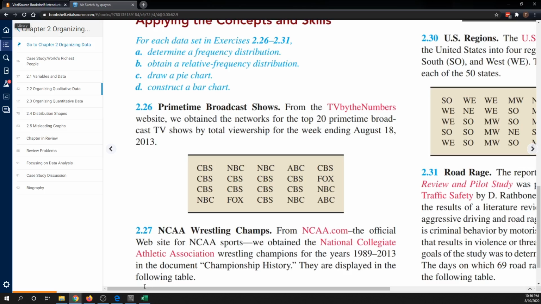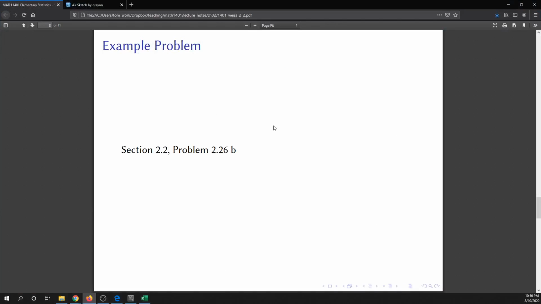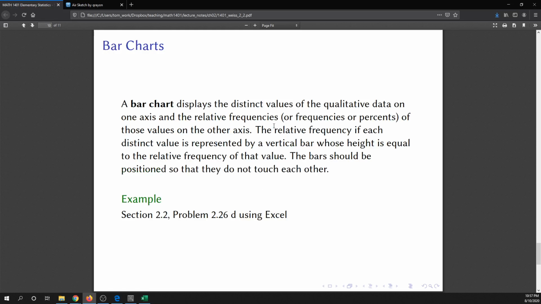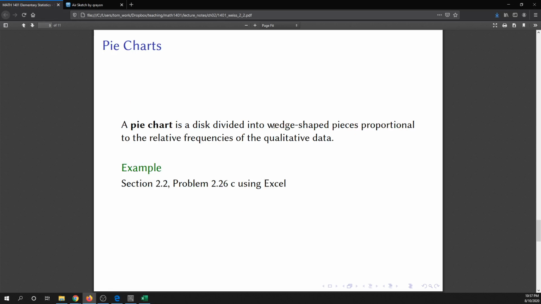All right, so let's see what else we have in here. I am going to put this pie chart and bar chart in a separate video, and those videos are optional. Almost all data analysis these days, or generating graphs, is done with a computer.